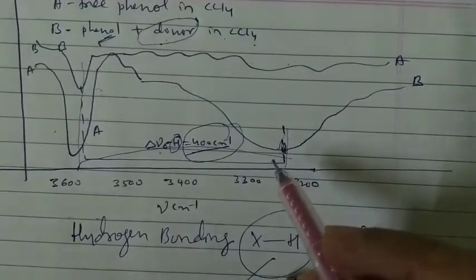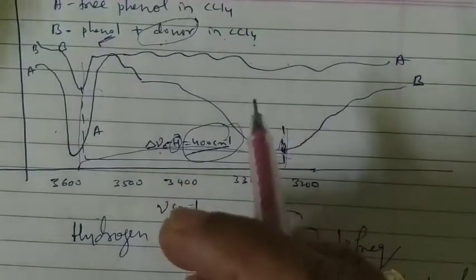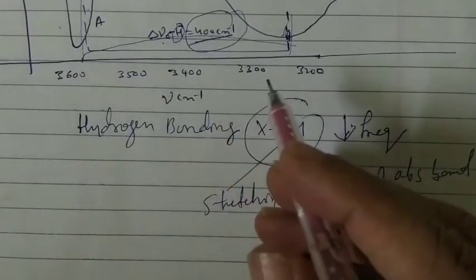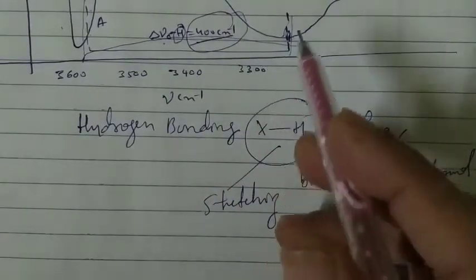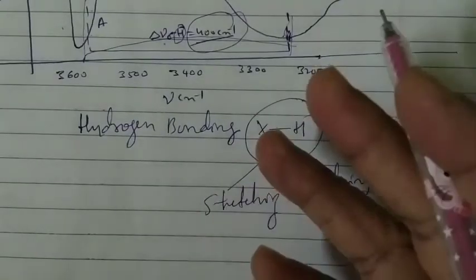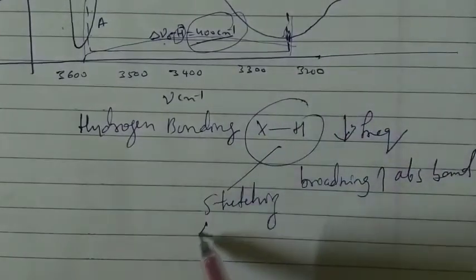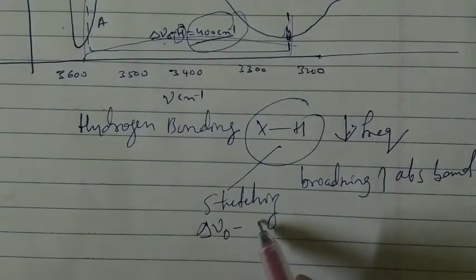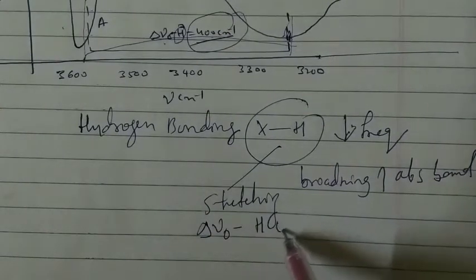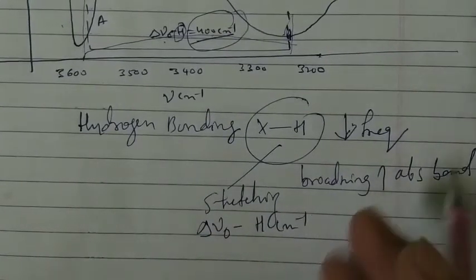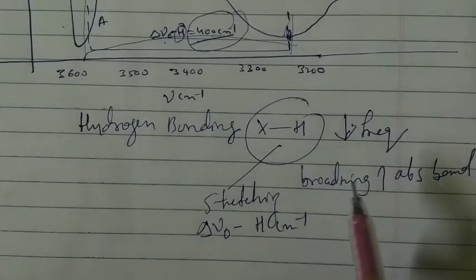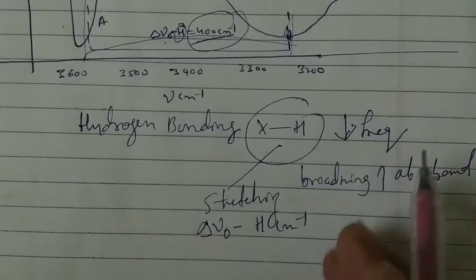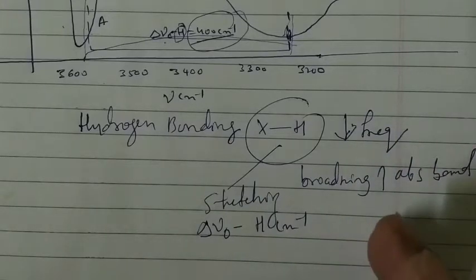And for a large range of such electron pair donor molecules, a relationship has been reported between the frequency shift upon complexation, that is delta nu naught minus H, frequency shift per centimeter, and the enthalpy of adduct formation, which is the enthalpy for the reaction.